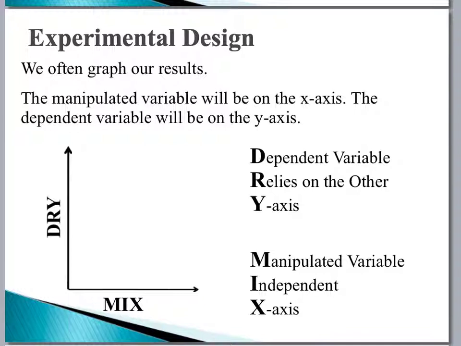If you can remember the acronym DRY MIX, sometimes this helps a little bit in remembering that, and the responding variable, the dependent variable, will be on the y-axis. So we want to remember that when we're doing our graphs.